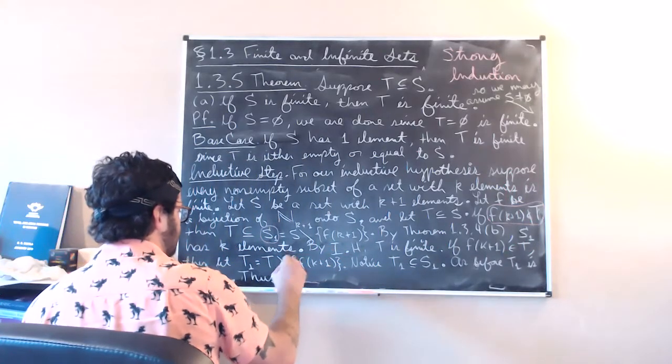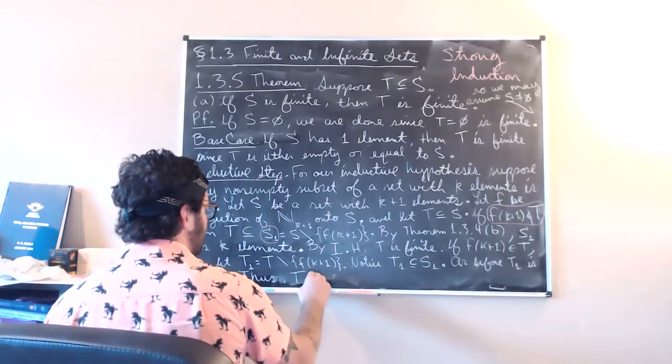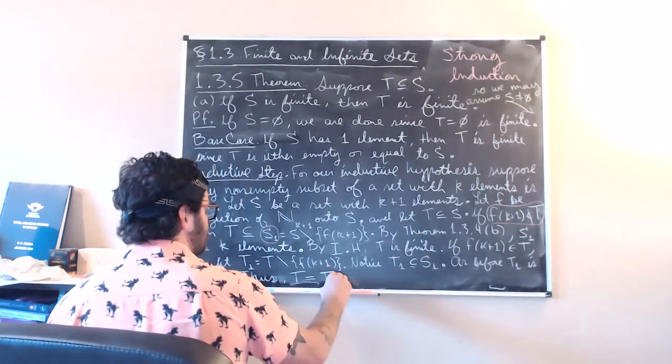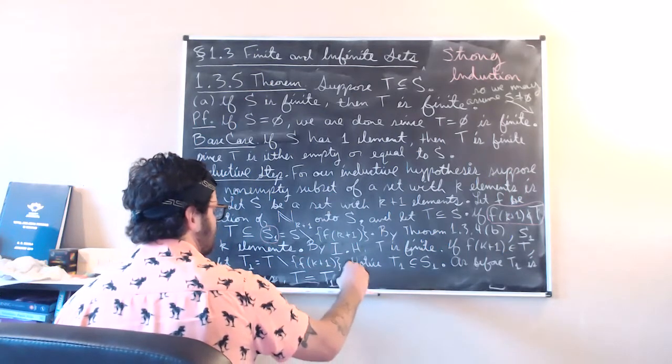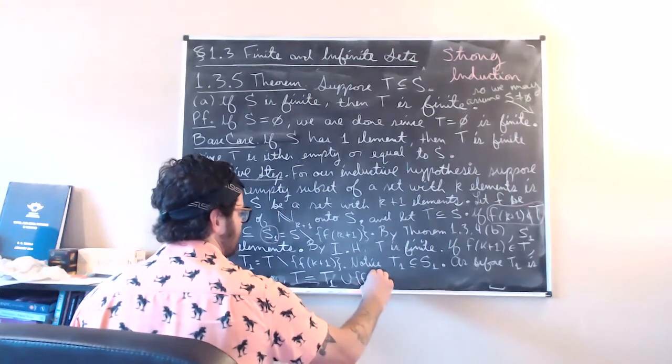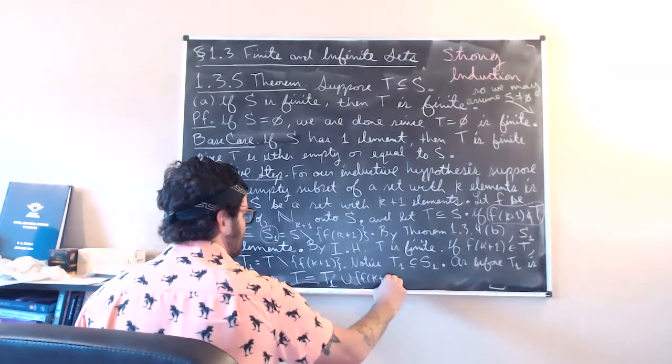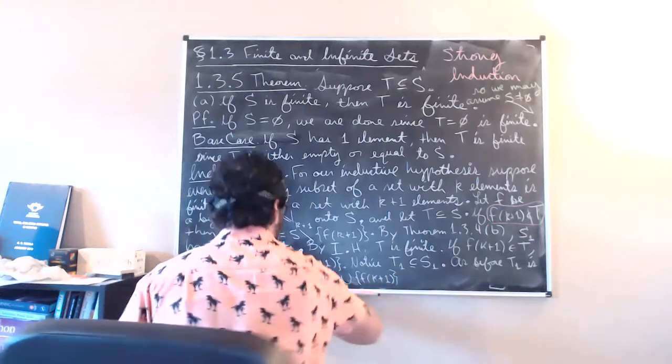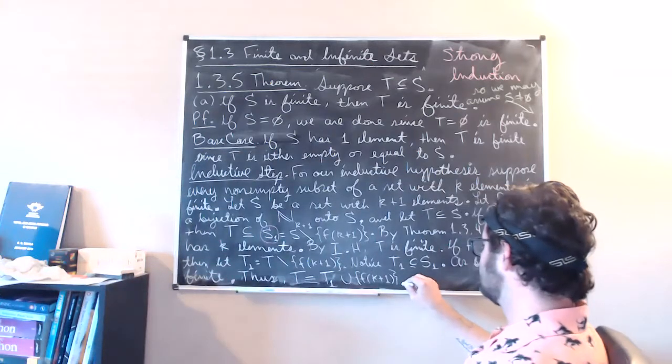Thus, T, which is equal to T1 union the set containing that element, is finite.